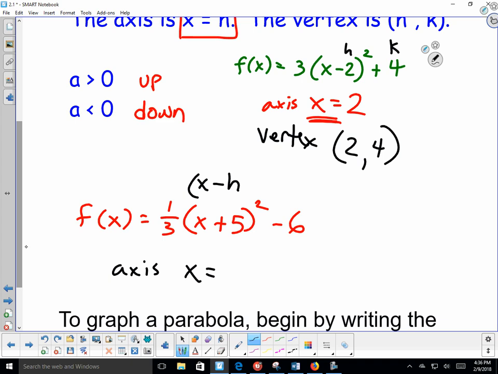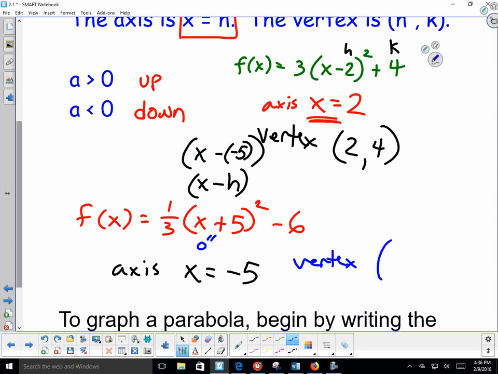So what's being subtracted from the x is really a negative 5 to get me an x plus 5. So the axis of symmetry should be x equals negative 5. I like to just say, if I set this parentheses equal to 0, what would I get when I solve for x? Well, I get negative 5. And that means that the vertex is (negative 5, negative 6).